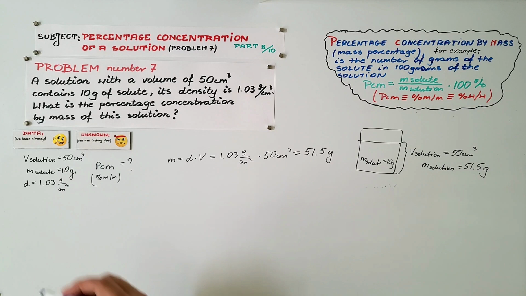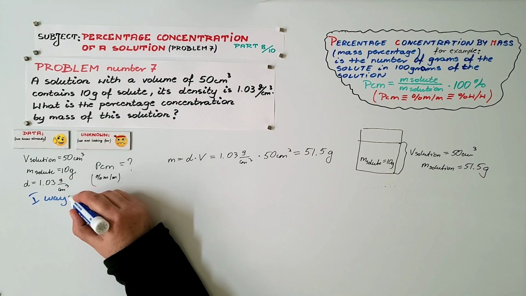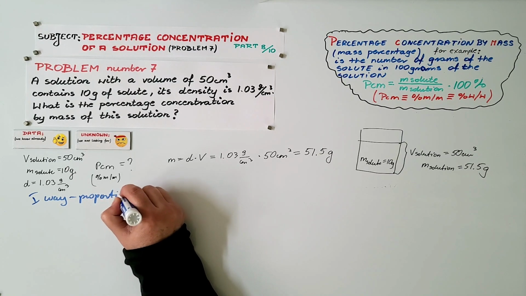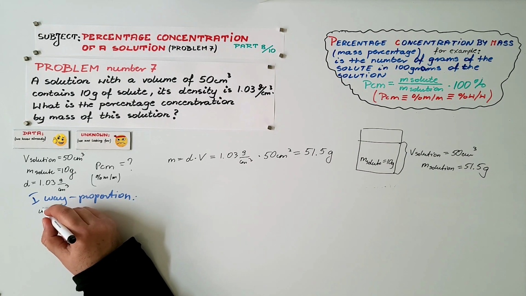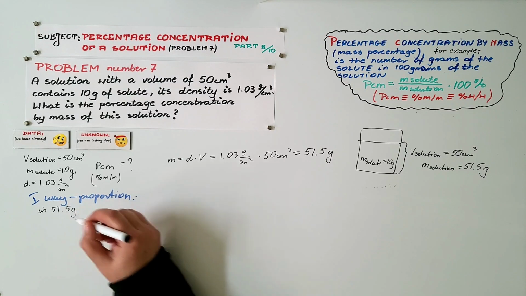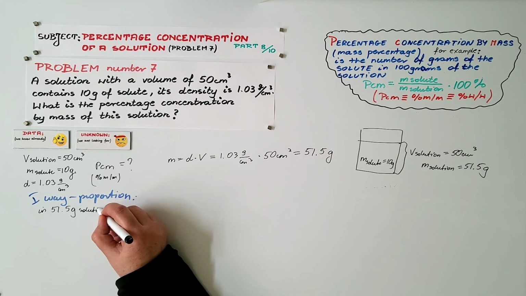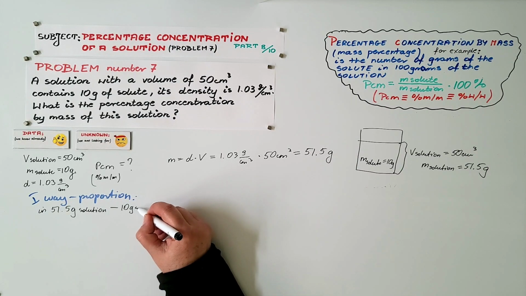First way, proportion. In 51.5 grams of solution, there is 10 grams of solute.